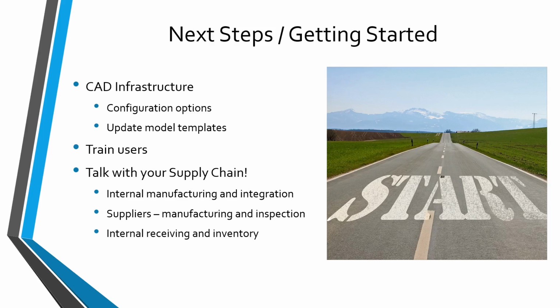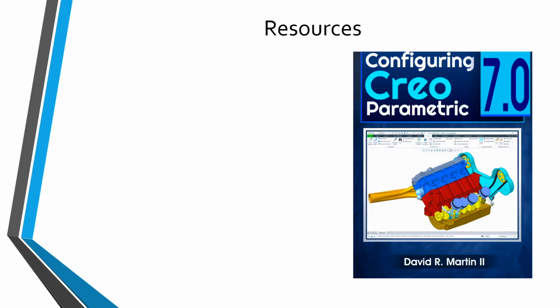The other areas that you want to take a look at, again, a big one is inspection. You want to see if they can support inspecting using the STEP 242s and the 3D annotations. And also you might need to make sure that your internal receiving is able to support it, especially if they are doing any kind of inspection before putting something into inventory.